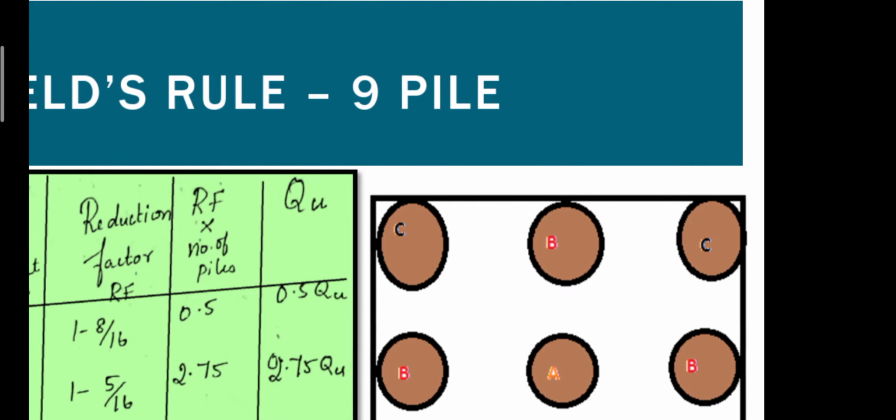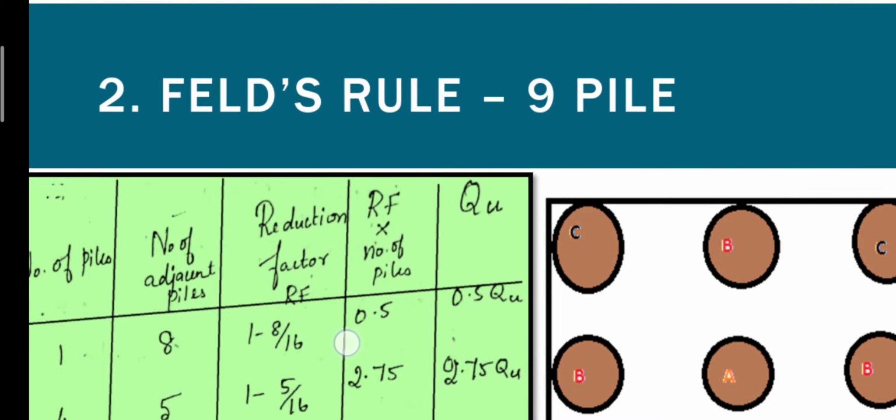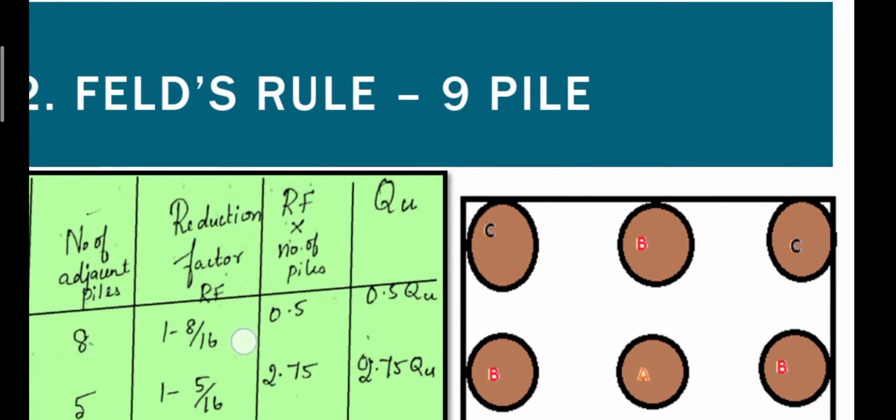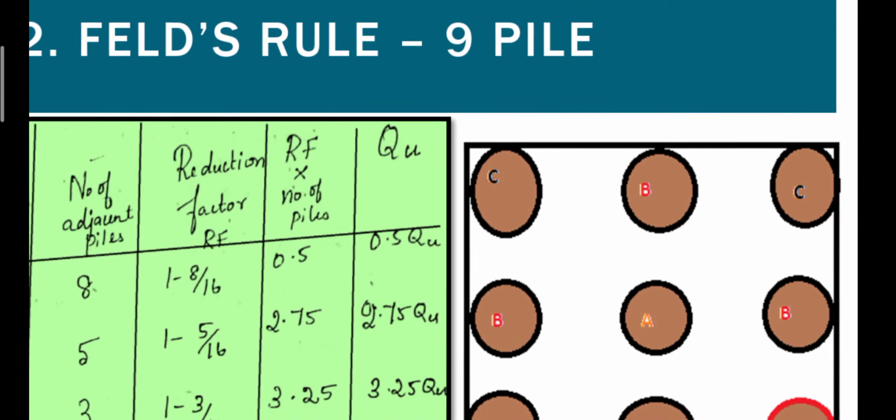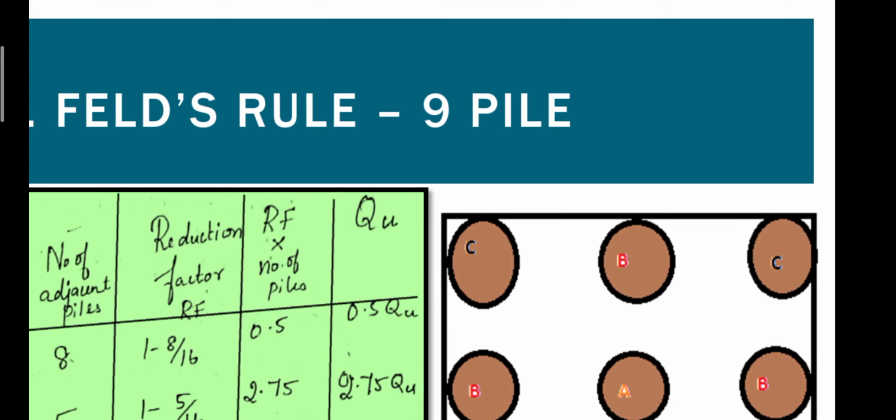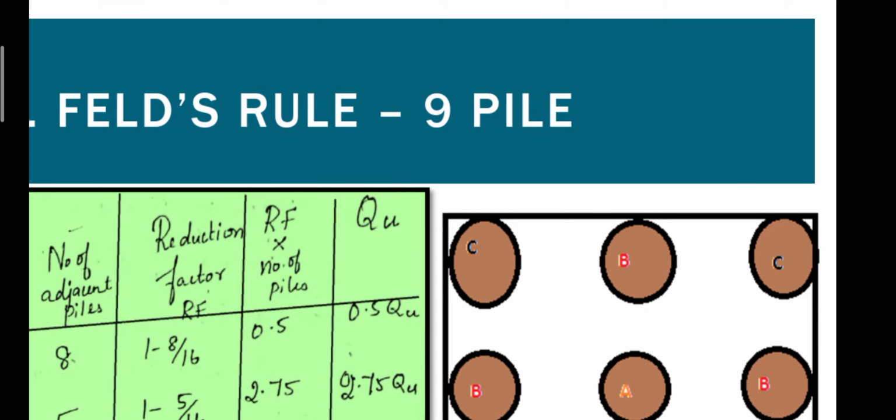Diagonally we have the other B piles, left side B and right side B, so downwards diagonally we have 2 piles nearby.